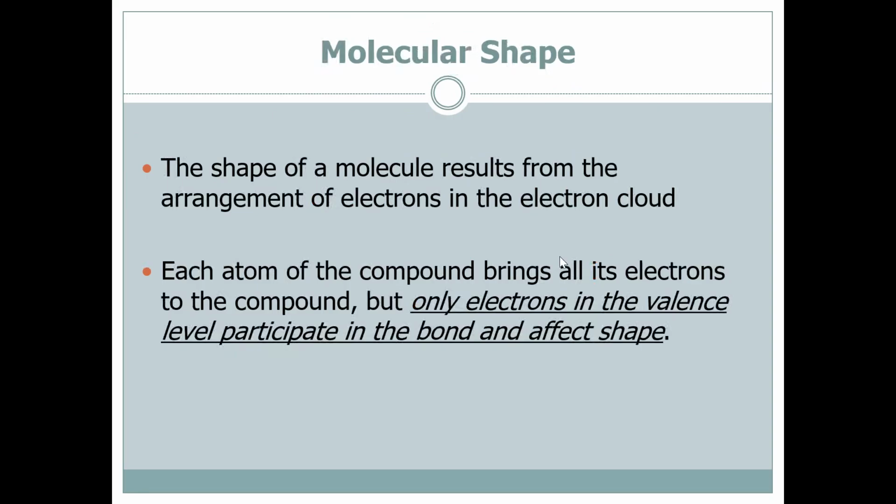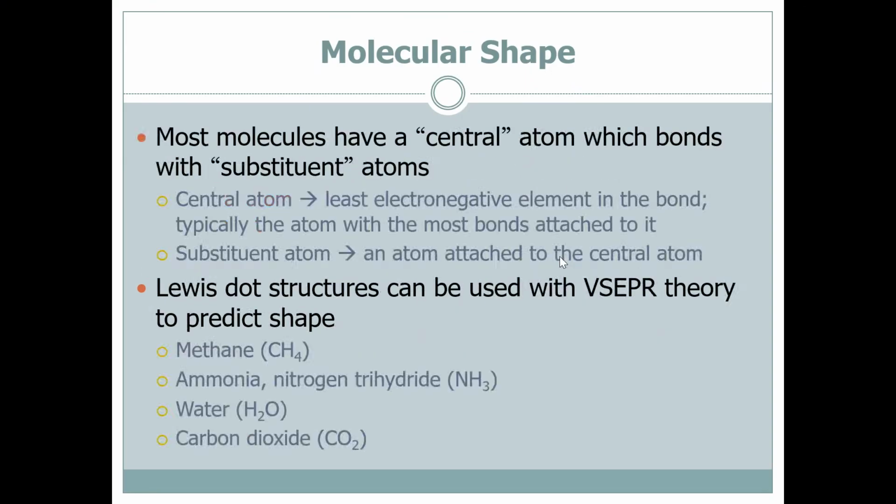And when looking at this, every single atom in the compound brings its own electrons to the party. But only the valence electrons are going to participate in the bond and affect the shape. So even though there's a lot of core electrons in a lot of the atoms here, we're going to focus almost exclusively on the valence shell, hence the valence shell repulsion theory.